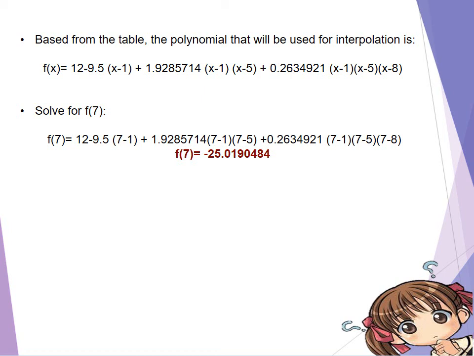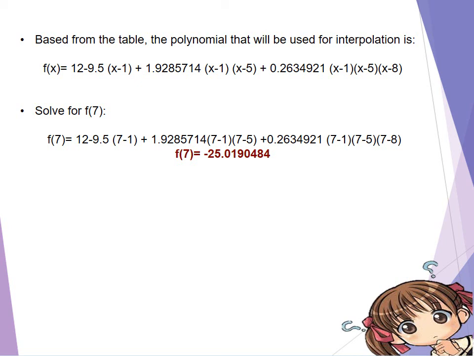Next slide. This is how we get the value of f of 7. Based from the table, the polynomial that will be used for interpolation is f of x equals 12 minus 9.5 times (x minus 1) plus 1.9285714 times (x minus 1) times (x minus 5) plus 0.2634921 times (x minus 1) times (x minus 5) times (x minus 8).